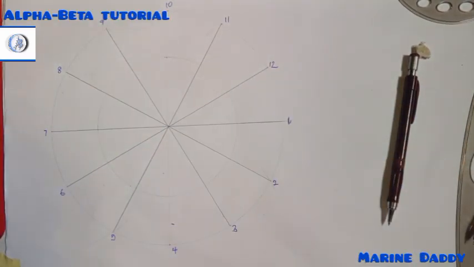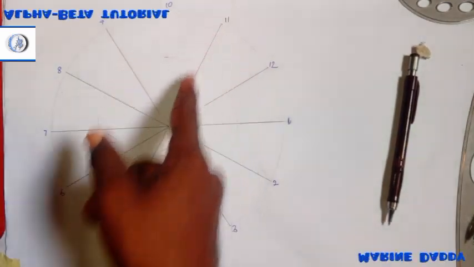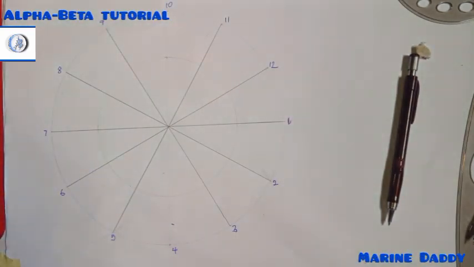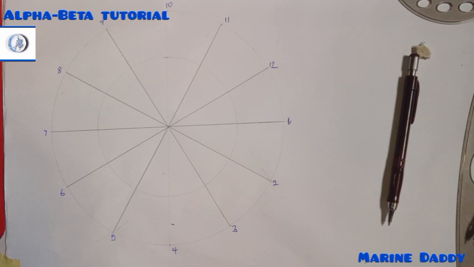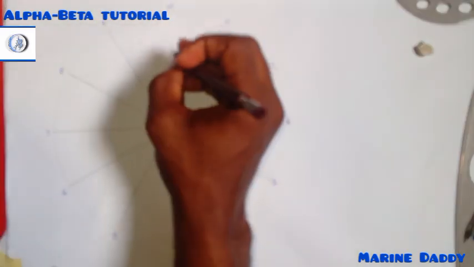Once I'm done with that circle at the center, there's no need to bisect to divide into 12 equal parts because the first circle, the bigger circle, has given you your division. So you just continue. If I want to number my work, I'll number it like this.